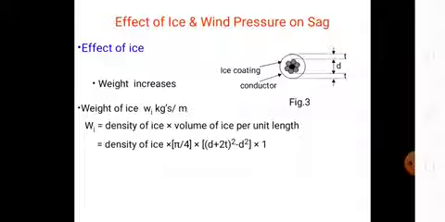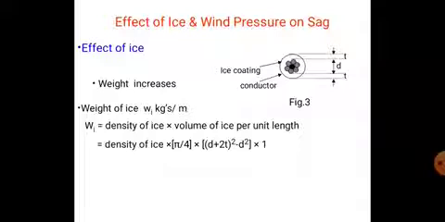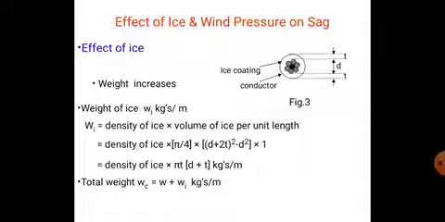Here d square gets cancelled, 4 gets cancelled, that is pi t into d plus t, kgs per meter.